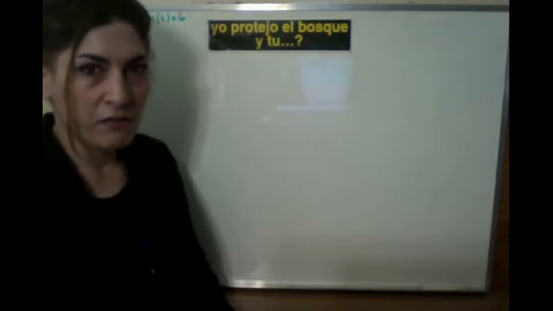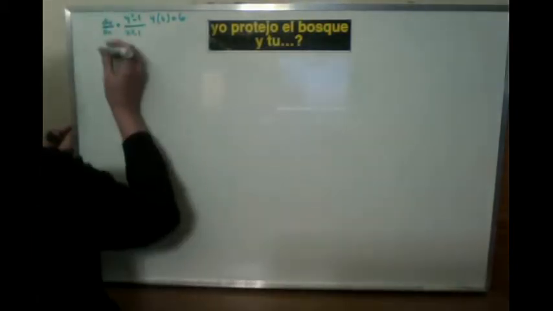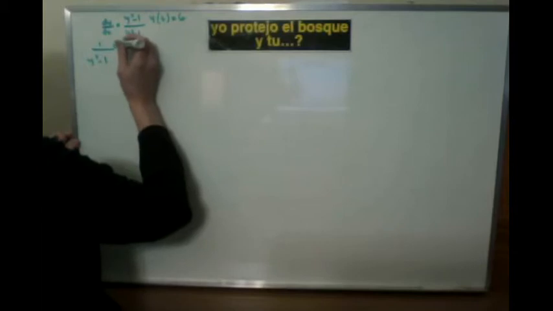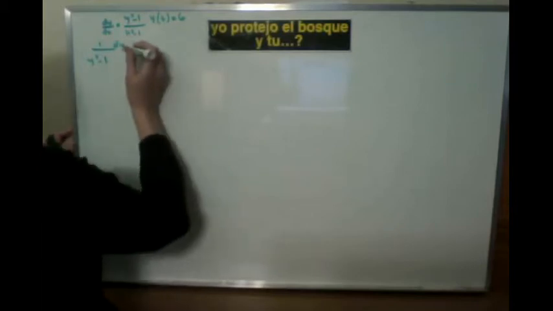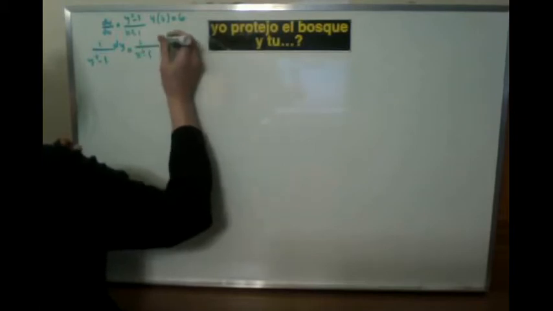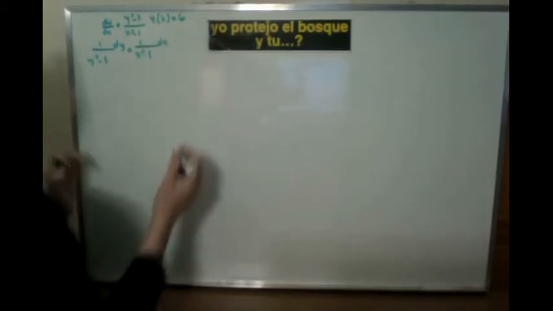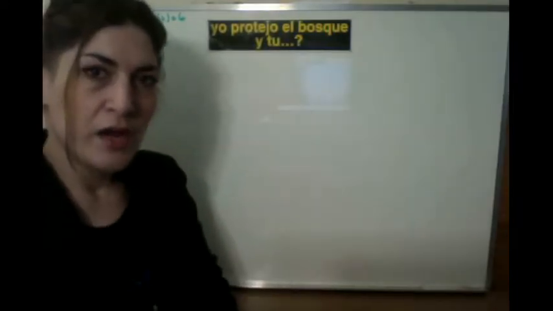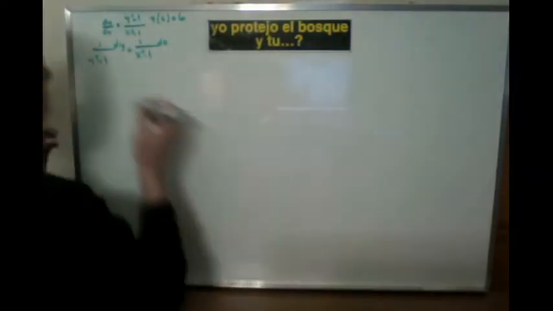This can be achieved by taking the reciprocal of y squared minus 1, 1 over y squared minus 1, and multiplying it by dy on the left, and setting it equal to 1 over x squared minus 1 multiplied by dx on the right. We can now integrate each side of the equation to find our general solution.